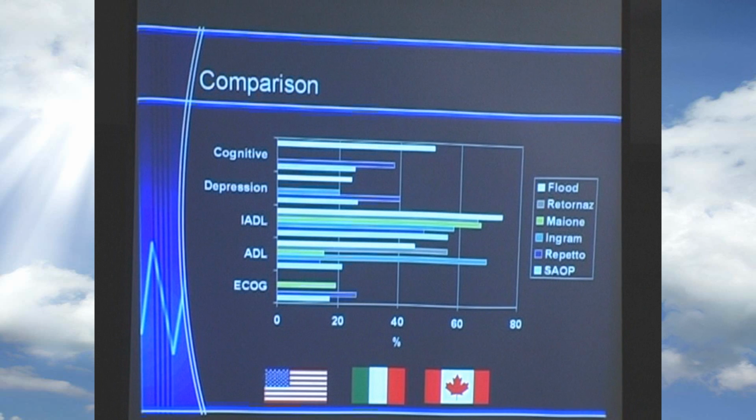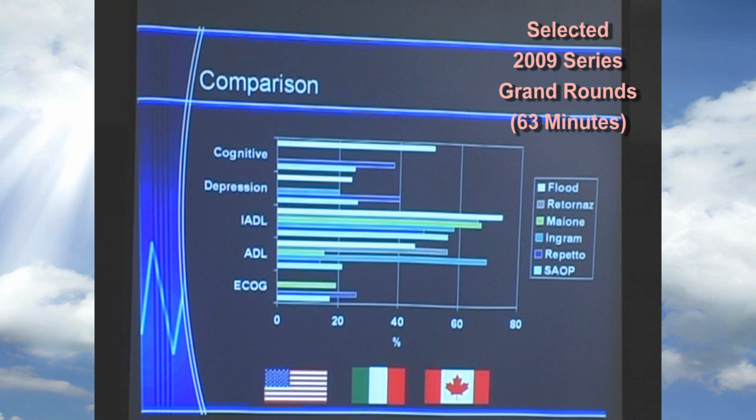And you can see that indeed they have a lot of cognitive impairments, 50% of them. Depression, they did not check, they have 25% of depression. 70+% of them are dependent in IADL, 50% in ADL. They didn't do the ECOG.